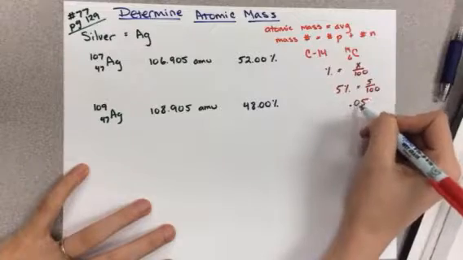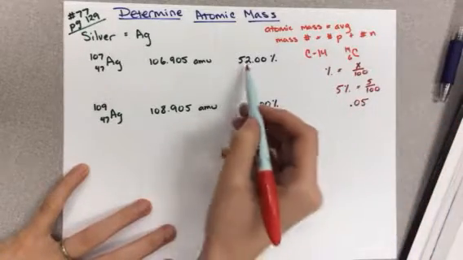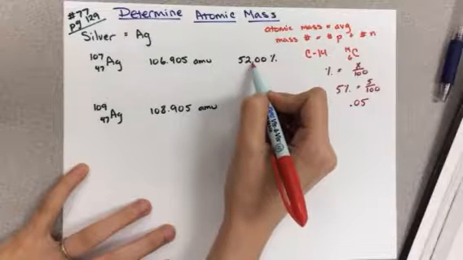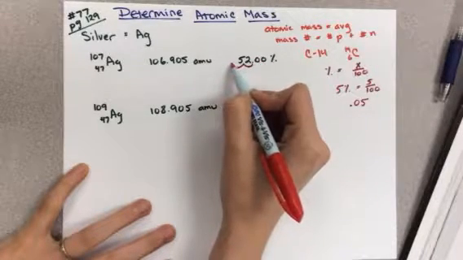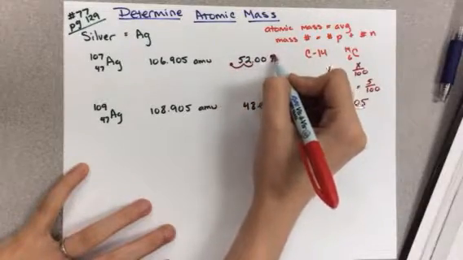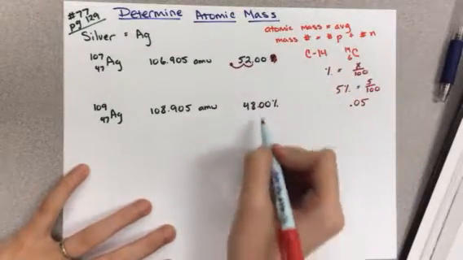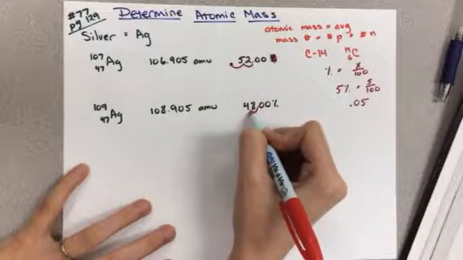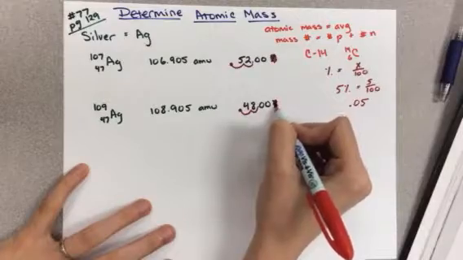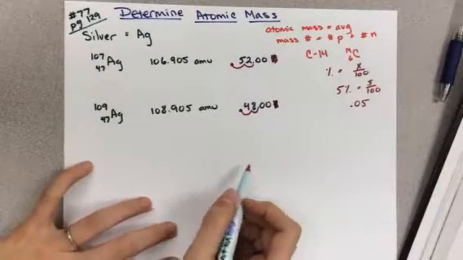That's 5/100ths. So the easiest way to change a percent into a decimal is to move the decimal place over 2 positions. So now it's 0.5200, and now it's not percent. Same thing here, move it to the left 2 positions, 0.4800, and now it's no longer percent.